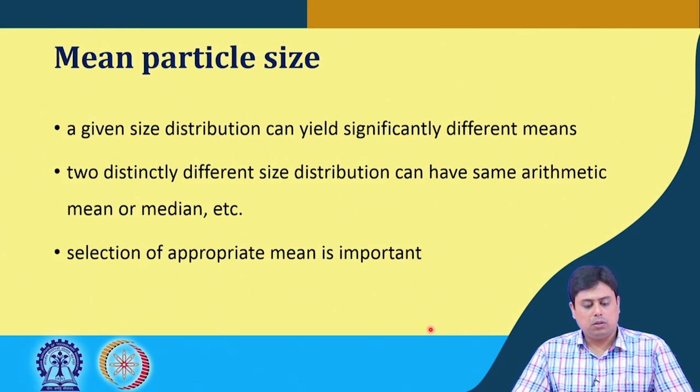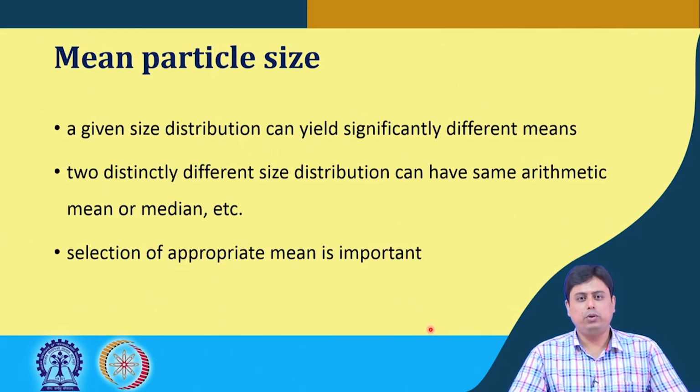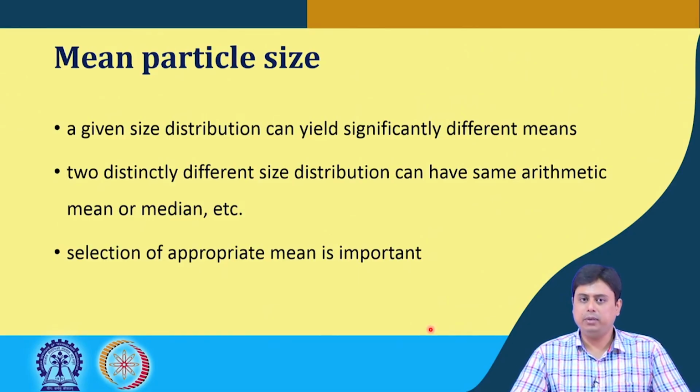So, by doing this, you should understand that a given size distribution can yield significantly different means. A particular curve can give you mean values that are significantly different.